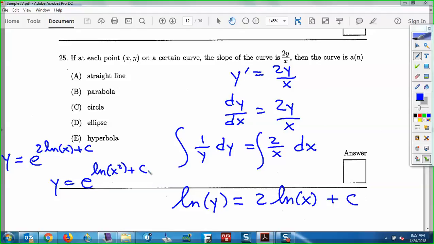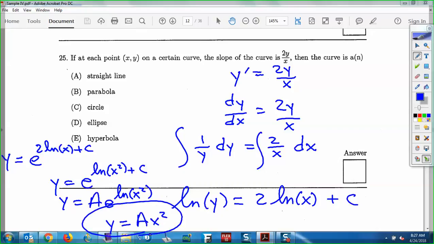What about that plus c? What did we do when we got to this part of these? Separated it into and made it a times, right? So it would be this times e to the c, which is just like another c or an a, e to the ln x squared. What's e to the ln x squared? So this is y equals a times x squared.